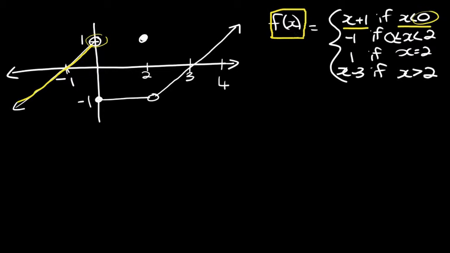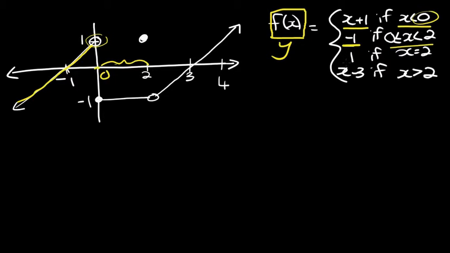Then the value of f(x) is minus 1. The y value is minus 1 because remember f(x) just means y. So y is equal to minus 1 where x is between 0 and 2, and you can see there's the x, there's 0, and between 0 and 2 the y value is negative 1.